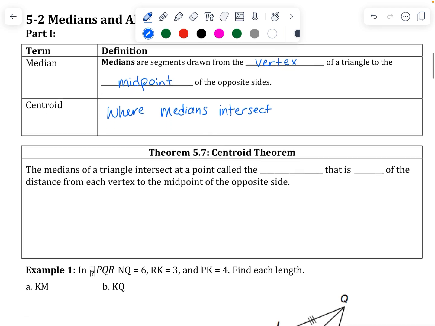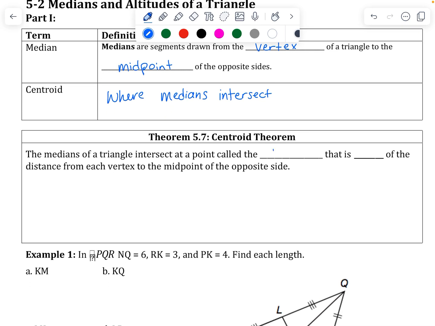If the medians intersect at the centroid, then it's going to break up the median into two parts, into a longer part of the median and a shorter part of the median.